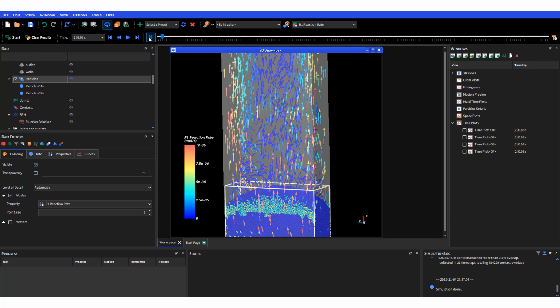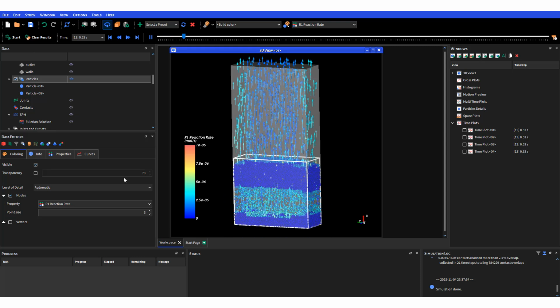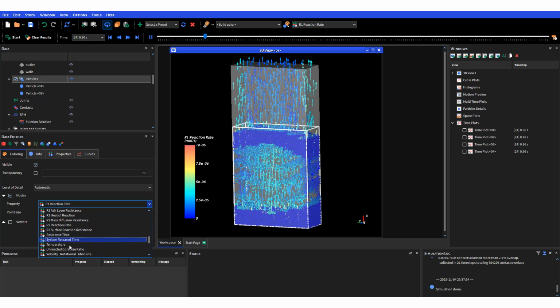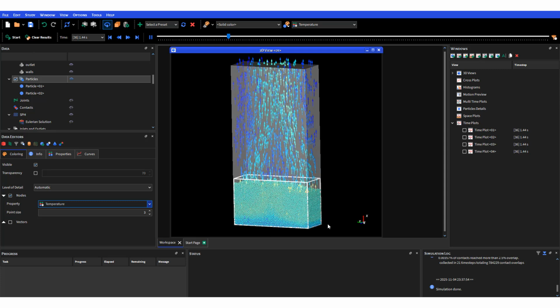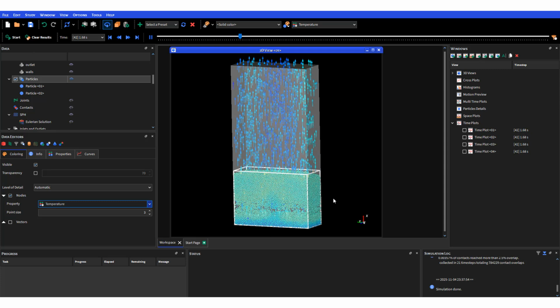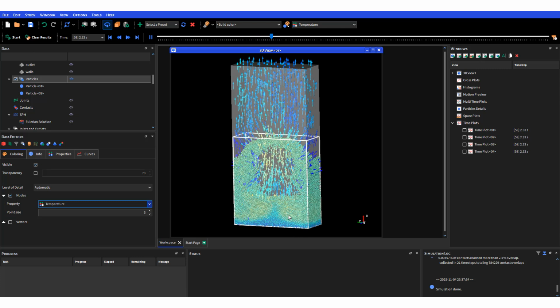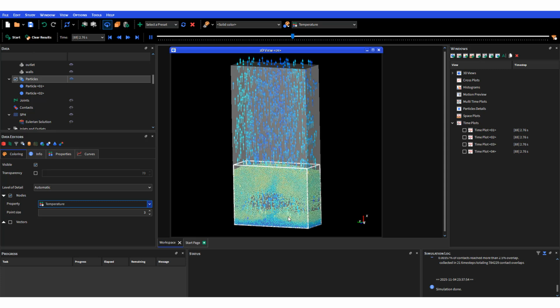I can quickly play so that we can visualize, and I will change it back to temperature, so we can see that as we run this model, the particles are moving. Their color is slowly moving from a more blue and green color to a more yellow and red color, indicating that their temperature is going up.